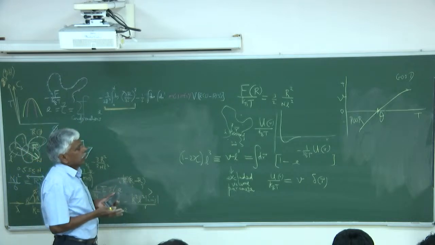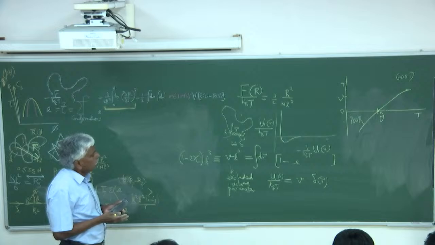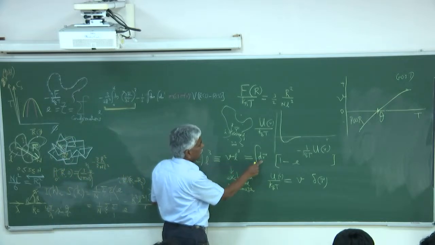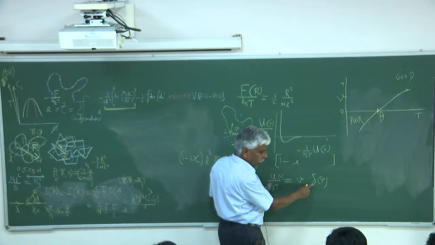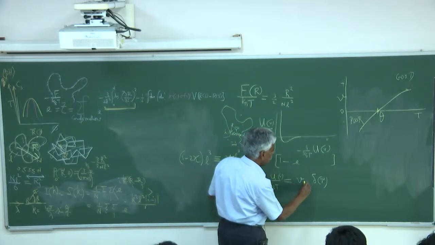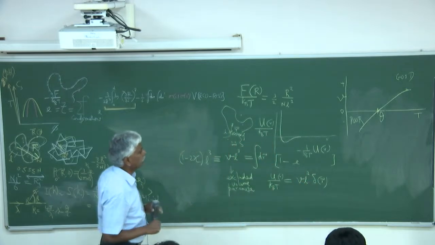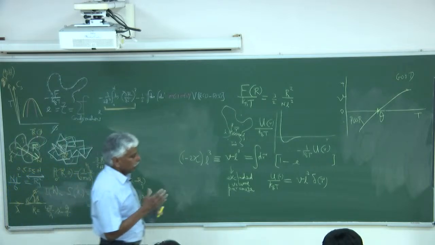High temperature expansion means U by kT is a weak quantity. I expand that: e to the minus x is 1 minus x. The 1 and 1 will cancel, minus x times minus gives plus x. The delta function will make the integral 1, and I get V L cubed. This is the way we write our Hamiltonian.